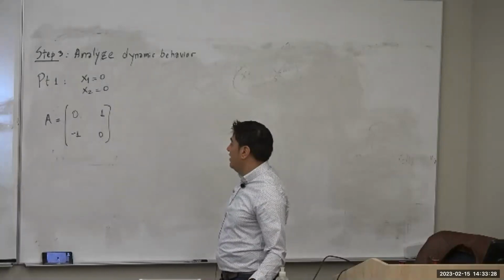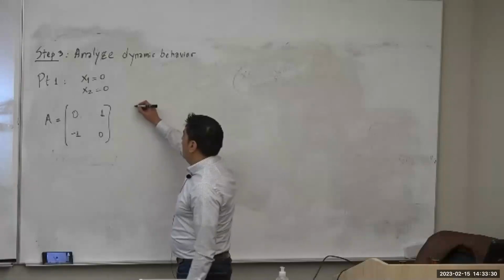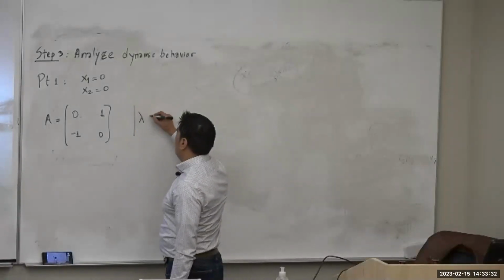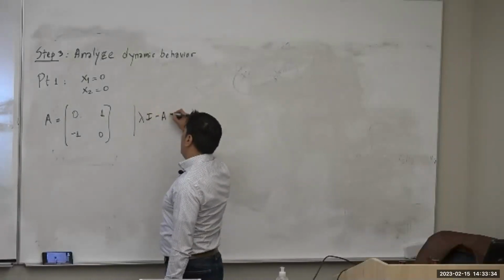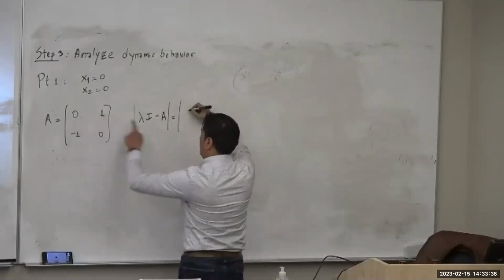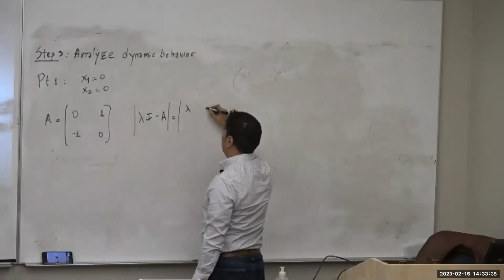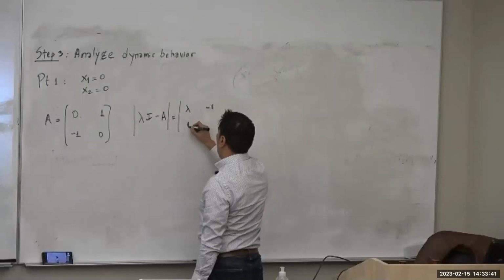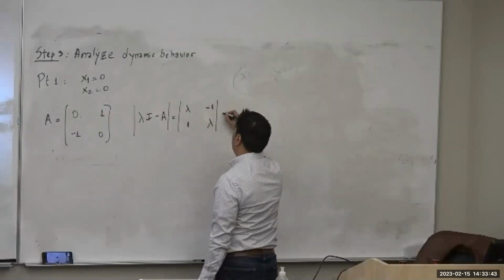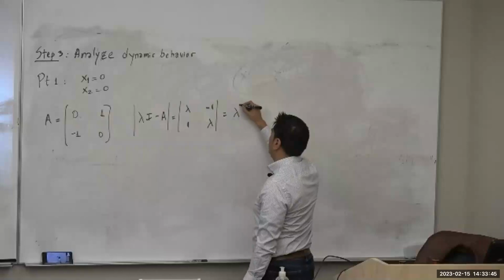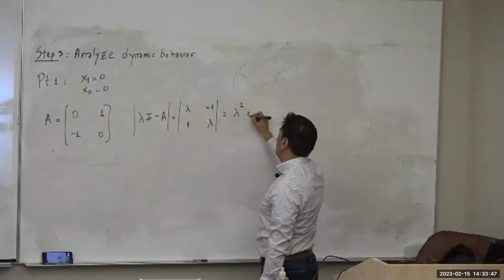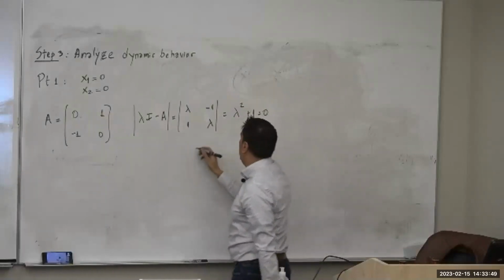We get the characteristic equation: the determinant of the matrix with lambda, -1, 1, and lambda is lambda squared plus 1 equal to 0.